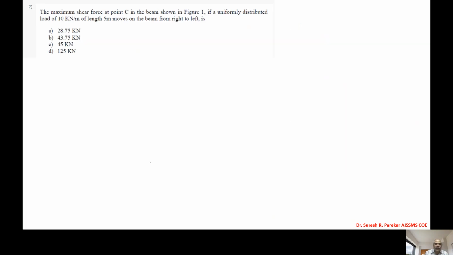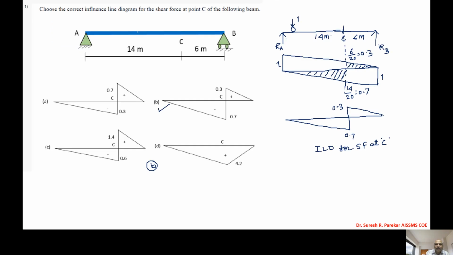Then we will go to the second: the maximum shear force at point C in the beam shown in figure if a uniformly distributed load of 10 kilonewton per meter of length 5 meter moves on the beam from right to left. So now we can see shear force at point C. So we have this one from right to left. And then if we put this shear force, so now we have this as 0.7.